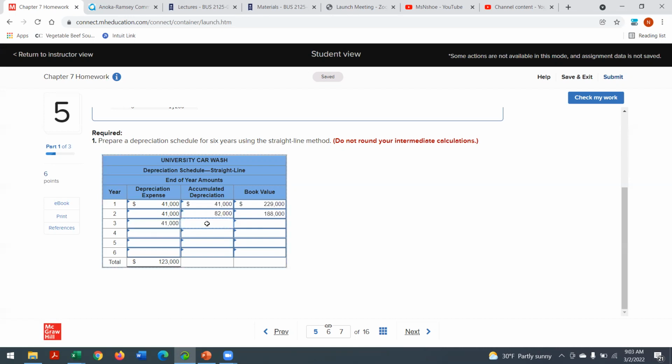Depreciation stays the same. Our new book value is 147. This will be 123. This should be 164. This should be 106. $205.